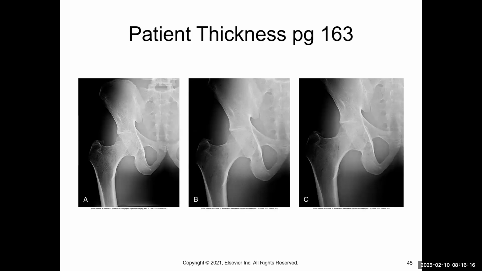So A is the good quality hip that we saw actually earlier. That one's good, done at the correct technical factors. This B is the image created with added thickness with no mass adjustment. So just like we learned last week, and hopefully that you got when you did your homework, the exposure techniques assessment thing, if the part gets thicker, what do you have to do to the mass?